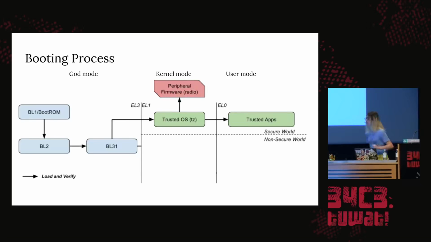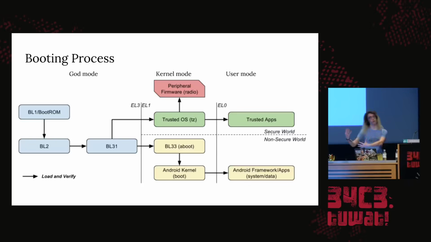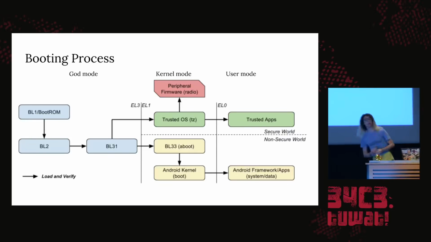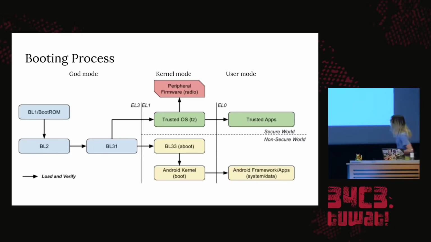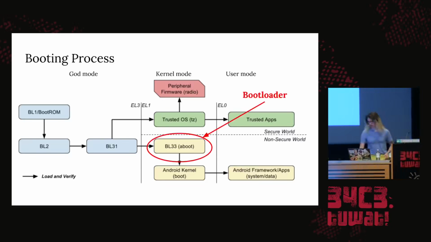And in the secure world, you need to do things like initialize hardware and peripherals, and in the non-secure world, you're running the normal kernel and the normal user space apps. And on some phones, you actually have a final bootloader which runs at EL1, a BL33 or the aboot executable, and that's the one that we're generally targeting for this stuff.